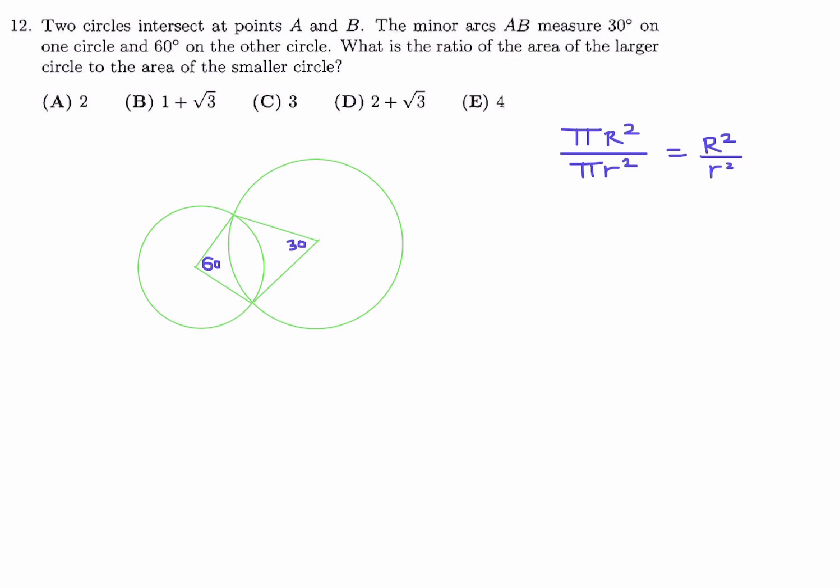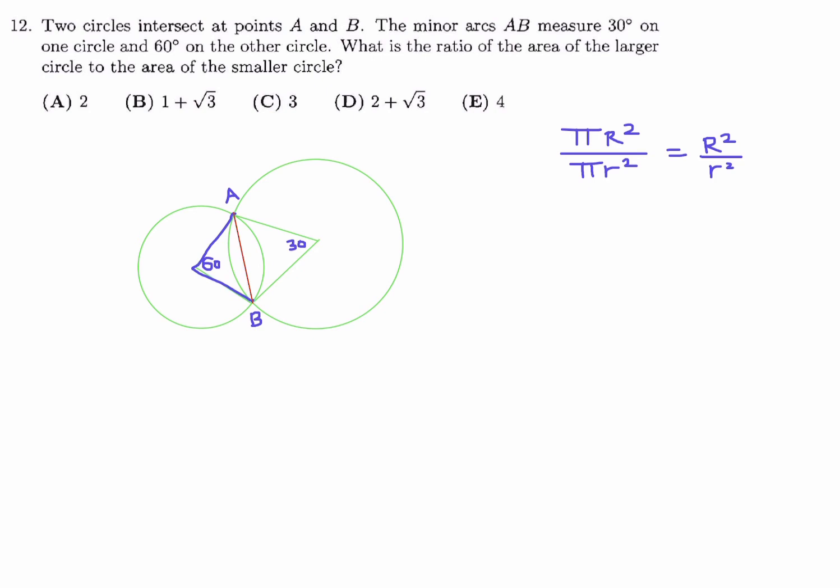Let's connect A and B. This point right here is A, and this point right here is B, and let's connect them like that. It's not perfectly drawn to scale, but I hope you will be able to figure out that this triangle is now equilateral.